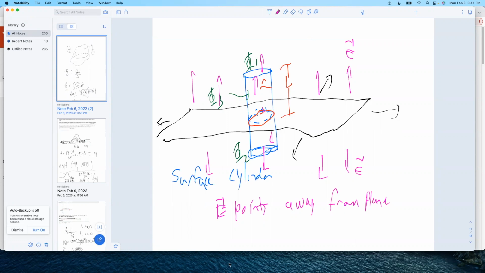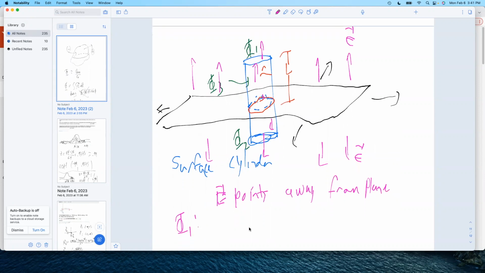So up here, let's look at surface 1 first. In magnitude, the electric field must be constant on surface 1, up here on this circle. Because all those points are all the same distance away.